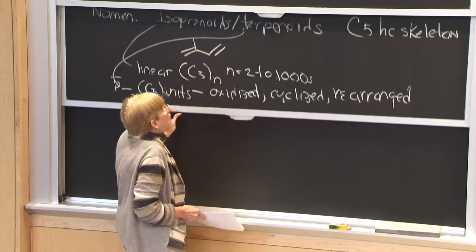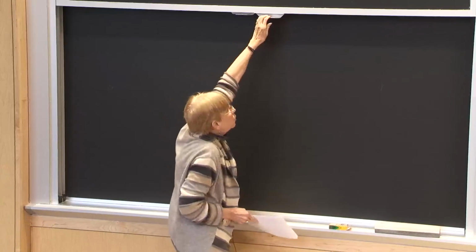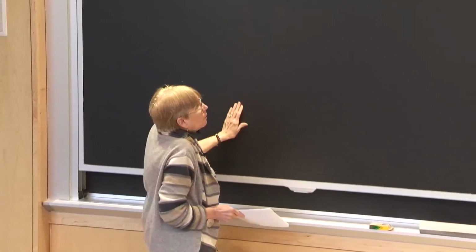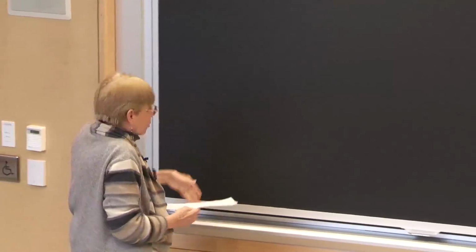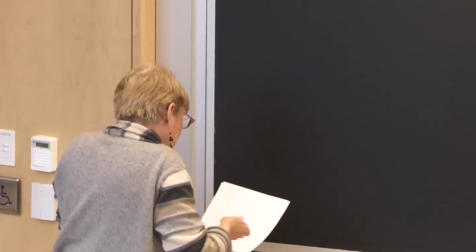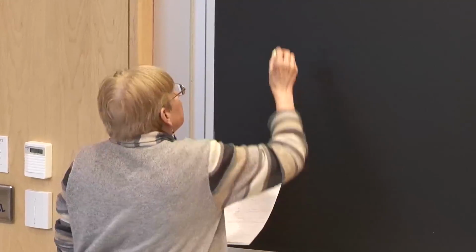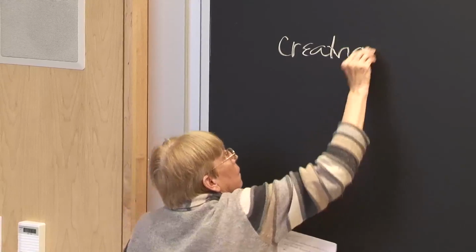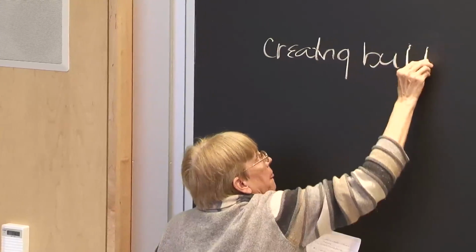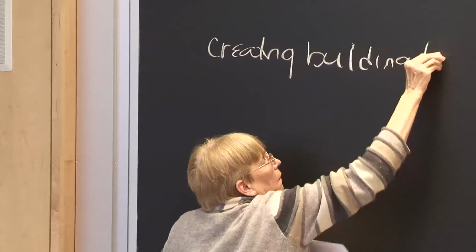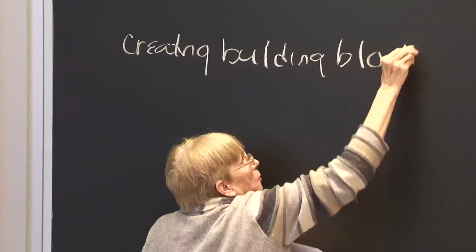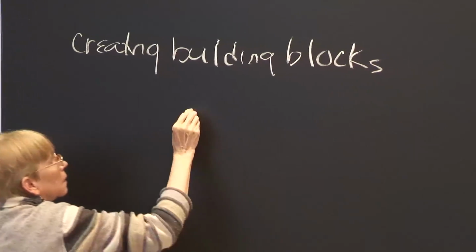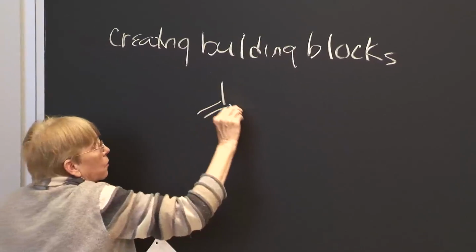So while isoprene gives you the C5 unit, our focus today is going to be on creating the building blocks. And these are the guys you're going to see over and over again.